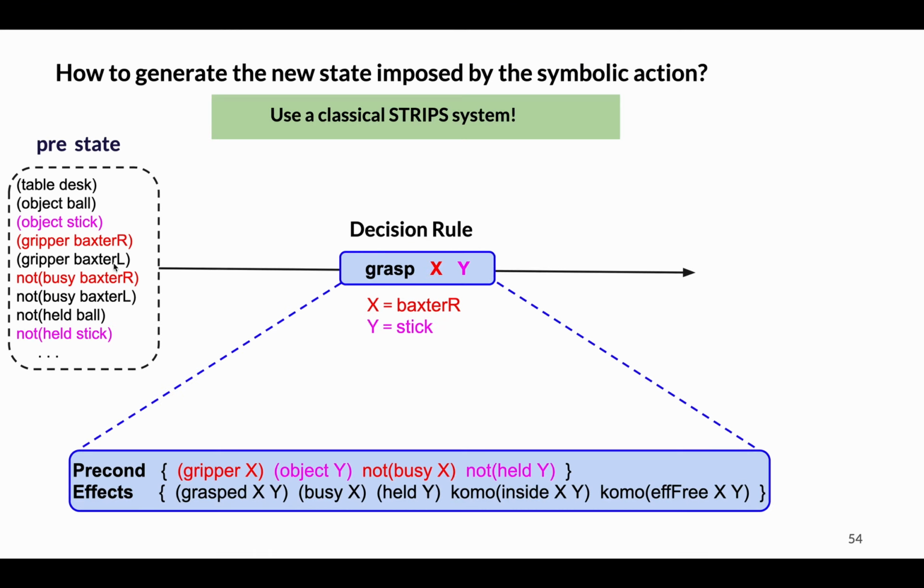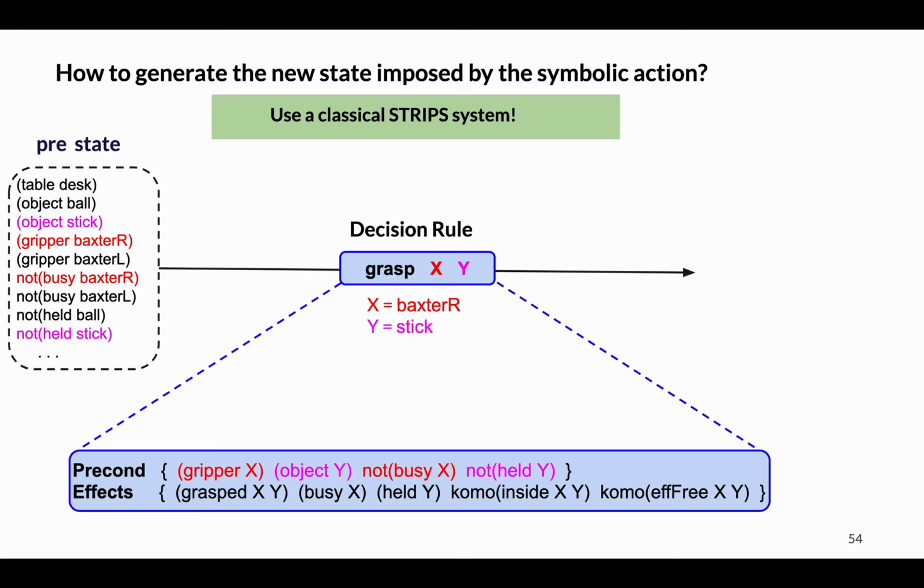So on the left side, you see facts about the world which we have before the action is applied. Then we have a decision rule, and a decision rule is kind of a general class for an action, here based on the action grasp. But now what we can do is put different objects in for grasp.